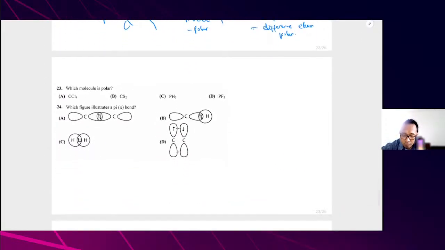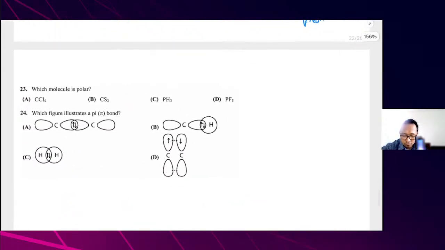Which molecule is polar? We already know which ones are non-polar. So Cl, Cl, Cl, Cl. So this one is non-polar.